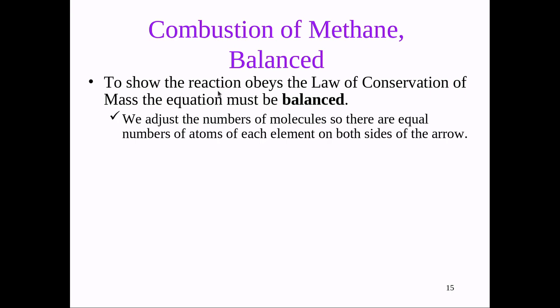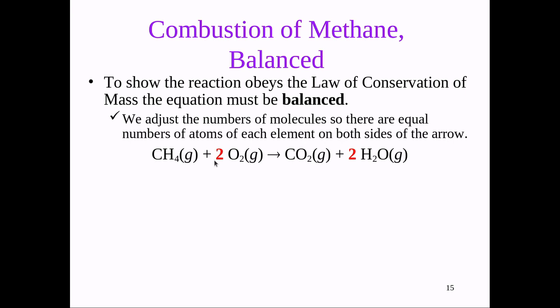To show that the reaction obeys the law of conservation of mass, the equation has to be balanced. And we do that by adjusting the number of molecules so there are equal numbers of atoms of each element on both sides of the arrow. The way that we indicate that in our reaction is by adding these coefficients here.